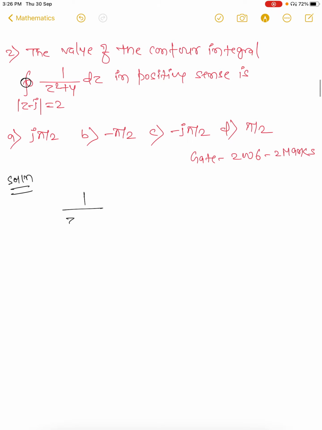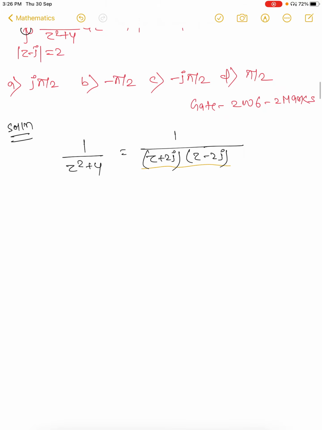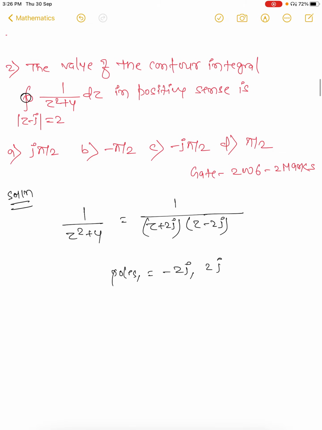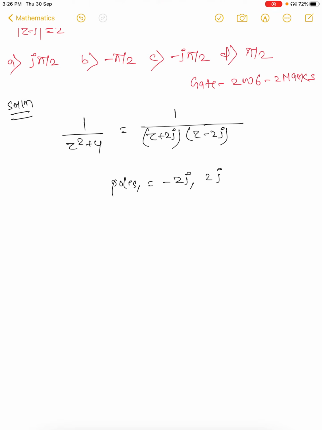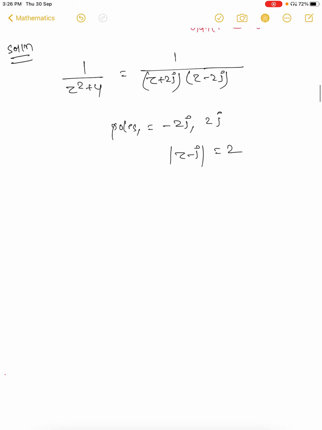We can write z² + 4 as (z + 2j)(z − 2j), so 1 upon (z + 2j)(z − 2j). Here there are two poles, minus 2j and 2j. Here the given circle is |z − j| = 2.